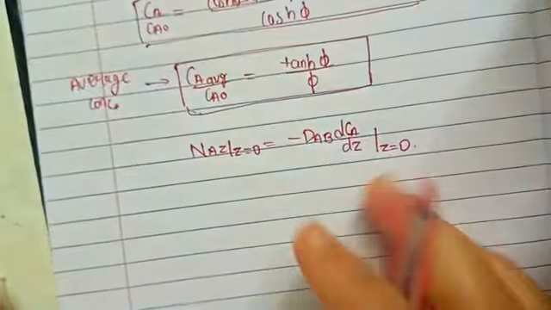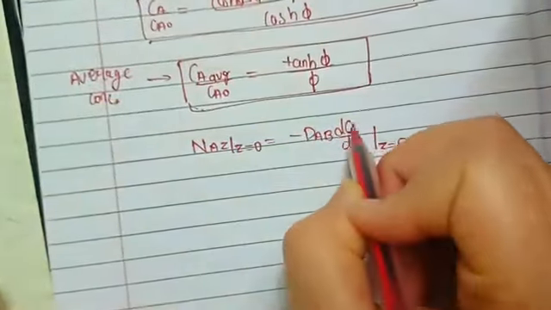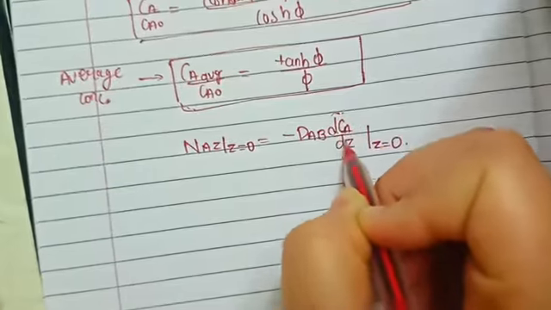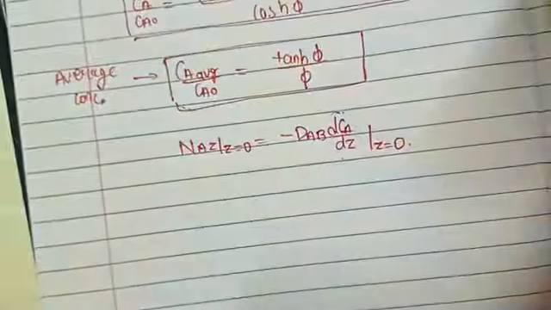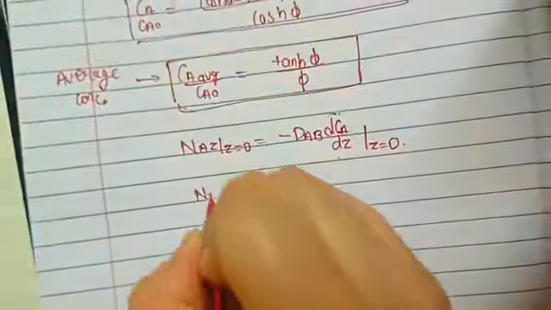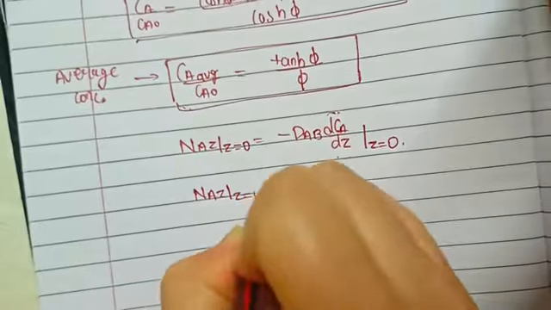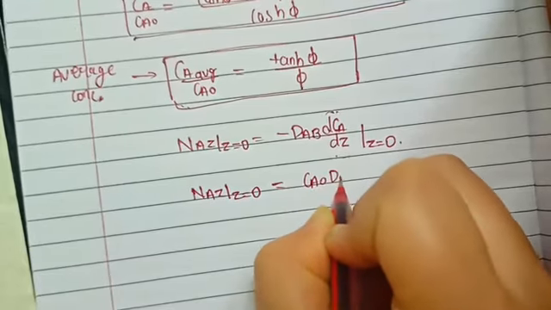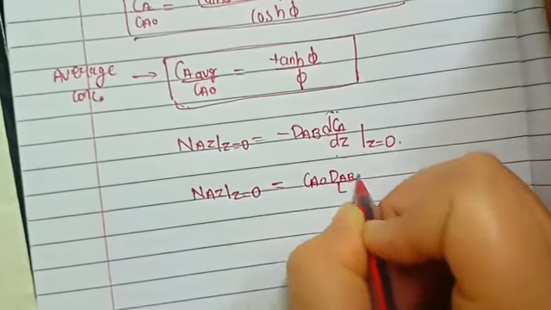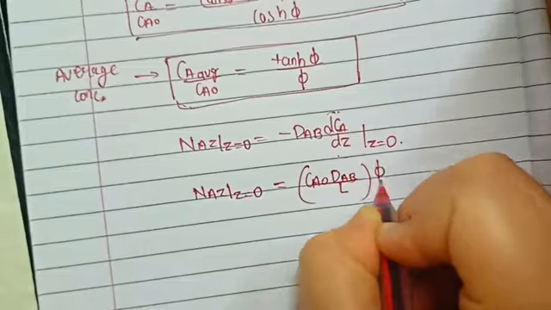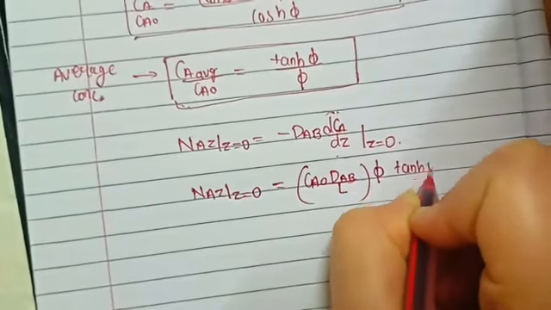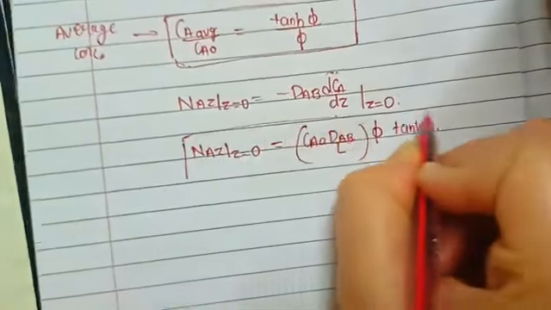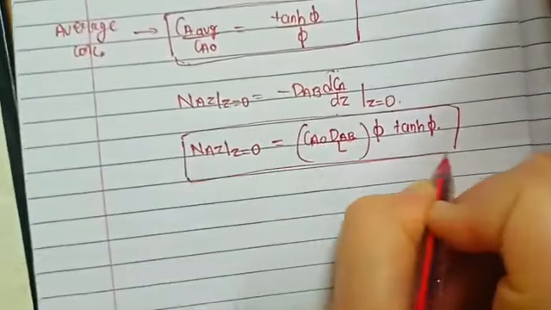So after taking the gradient of this, we get NaZ at Z equals 0 is equal to Ca naught dAB upon L into phi into tanh phi. So this is the required flux profile.